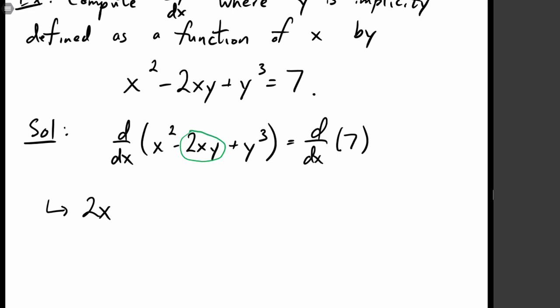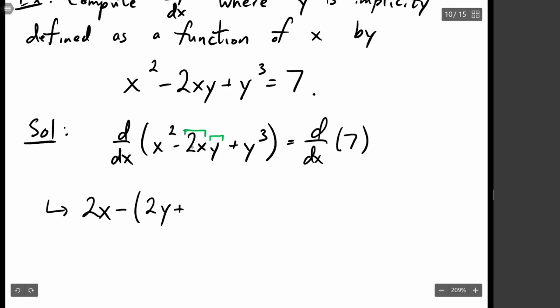Well, there's two pieces to this. Since there's two pieces, we just do the product rule. So minus, the derivative of the first is 2 times the second is y, and then plus the first times the derivative of the second. The derivative of y with respect to x is just dy/dx.